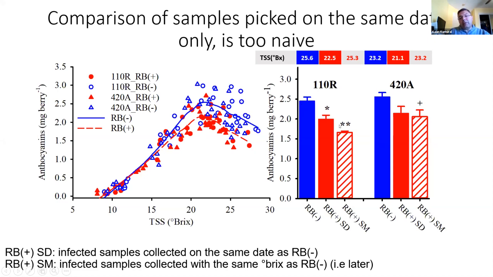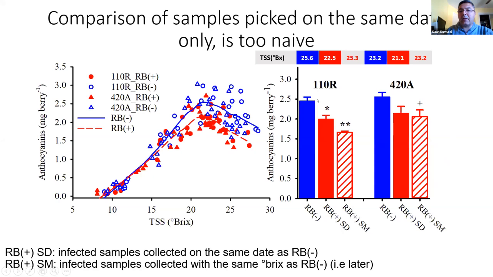So what if we were to compare these harvested on the same day? In the column graph on the inset, we have red blotch negative and red blotch positive, where SD means same day, and red blotch positive at same maturity. So we waited till they reached 25 brix.